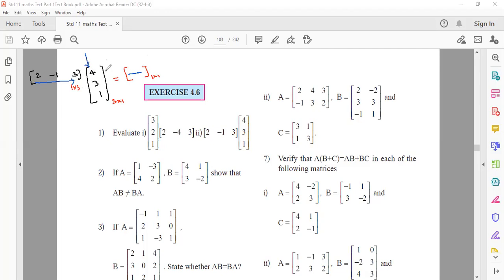But there are many elements in this row and this column, so first will multiply with first. That means 8. First lying element with first standing element, second lying with second standing, third lying with third standing. That gives you 8 as the answer. So it is a 1 by 1 matrix. Only 8 is your answer.